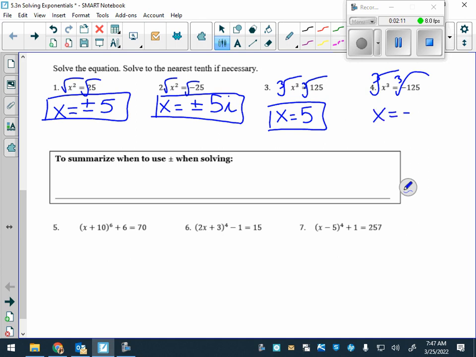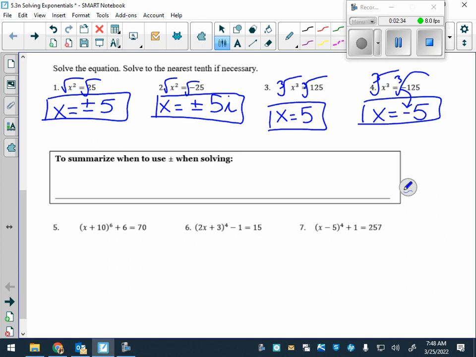So, one thing, when you take an odd root of a negative number, so the cube root, the fifth root of a negative number, you will get a negative answer. When you take an odd root of both positive and negative, it's only one answer.